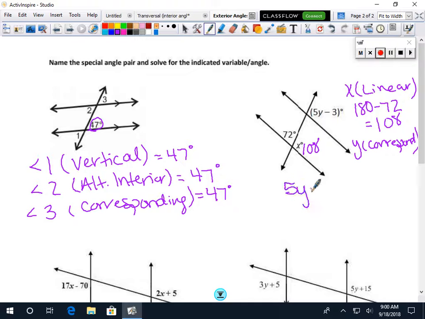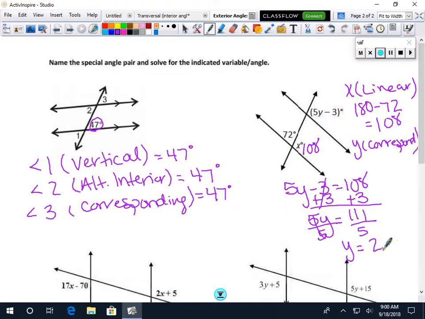So I can say 5y minus 3 is equal to 108. I'm going to add 3. 5y is equal to 108 plus 3, which is 111. I divide both sides by 5, and I get y is equal to 22.2.